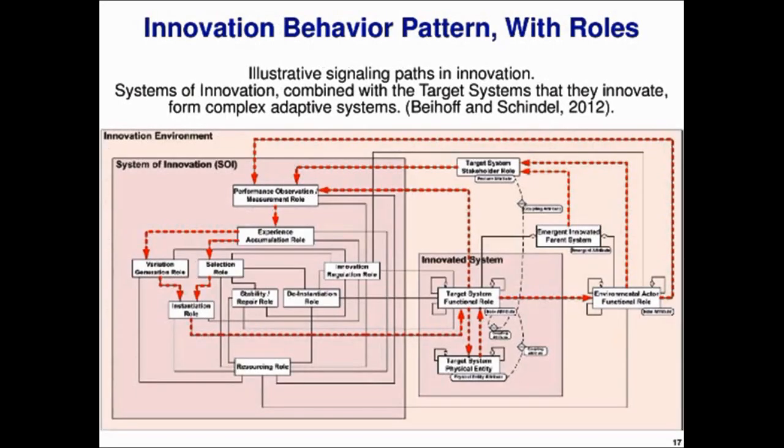This is a pattern that Bill Schindel developed with some others in an excellent paper. It's referenced there, and at the very end of this webinar, there are links to where you can find these things. But he's looking at the system of innovation there in the left-hand large pink box, which consists mainly of a bunch of roles.